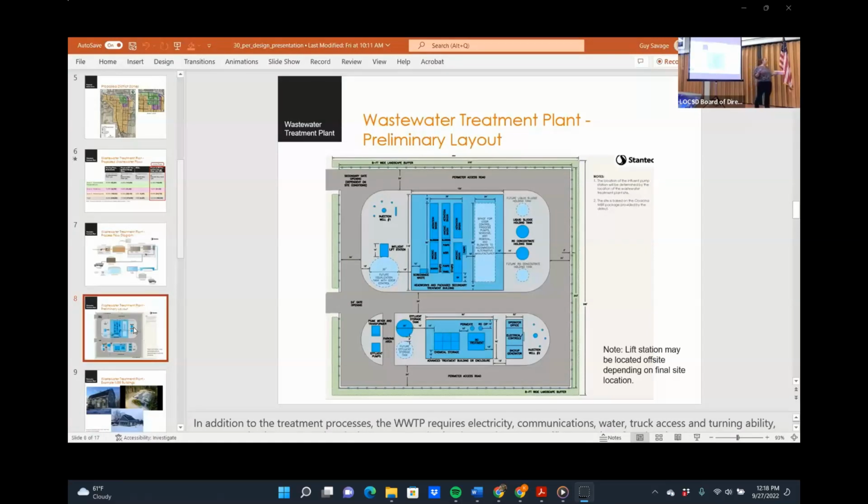So when you do enclose it, you add equipment, because you add air scrubbers that keep it safe for someone to enter. It's a very hazardous substance, and the gases that get created with wastewater. So safety is an important factor in the layout, access, and how you'd maintain it.